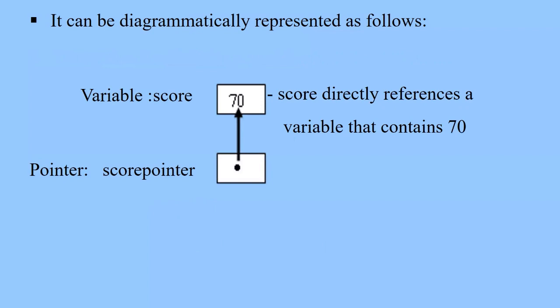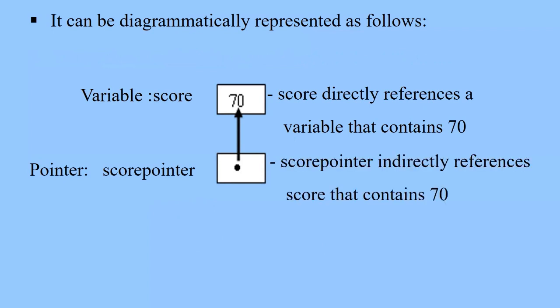So in this case, as you can see, the variable name score directly references a variable that contains a value, for example, 70, while a pointer to the variable indirectly references the value in that memory location.